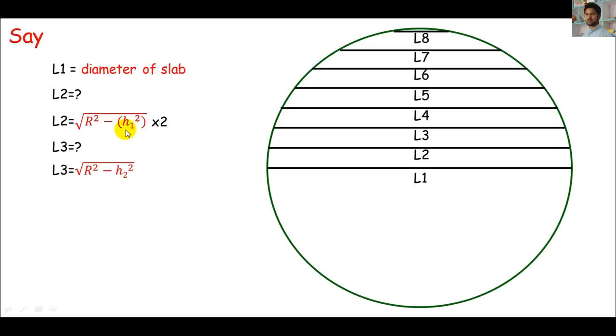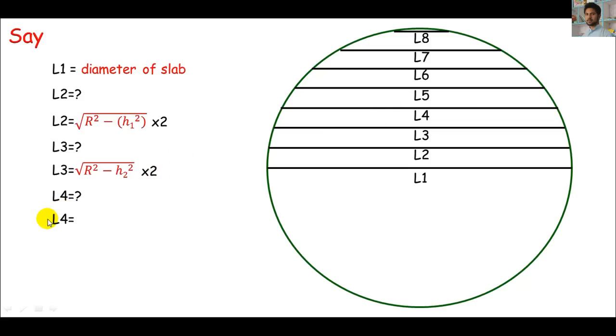Now here is a problem, what are H1 and H2? It's the same method. Just look over here. H1 is just the distance between L1 and L2. What is H2? It is the distance between L1 and L3. What will be H3? It will be just the distance between L1 and L4 and so on.